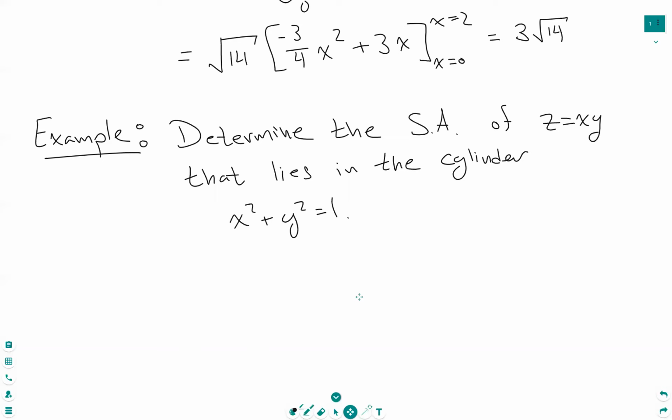That's not true. The projection is what defines our bounds. The surface that is being projected doesn't necessarily need to stop at a given thing, right? So look at this function here.